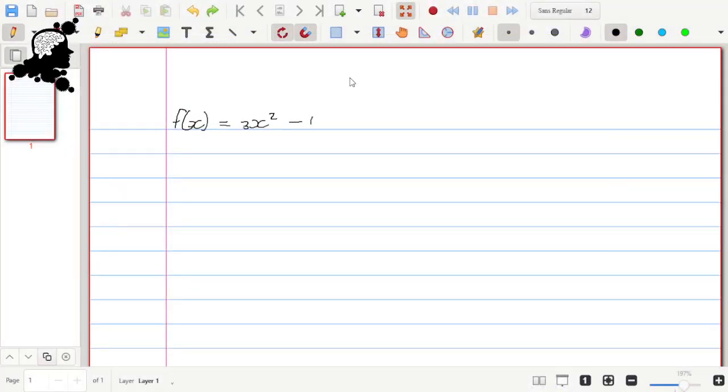So over here, we've got a function f of x is equal to 3x squared minus 1. We can calculate f of x plus h by saying this is equal to 3 into, where we see x, we substitute x plus h, squared, minus 1. This is going to give us 3 into x squared plus 2xh plus h squared, minus 1.